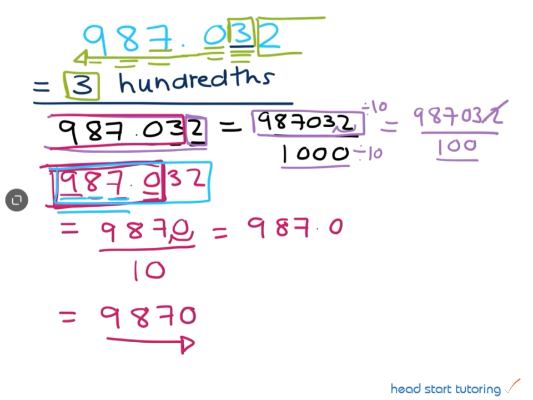In our 900s we have got 900 units. The place value of our 7 is 7 units, but there are altogether 987 units in that number. So it all depends on how the question is asked.